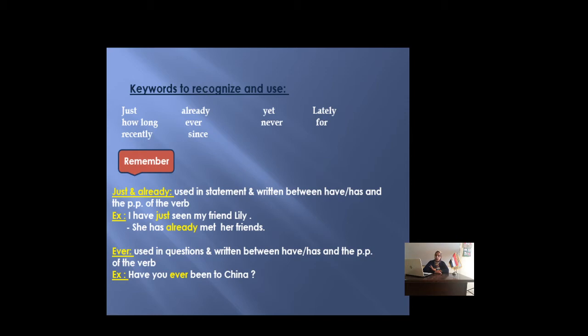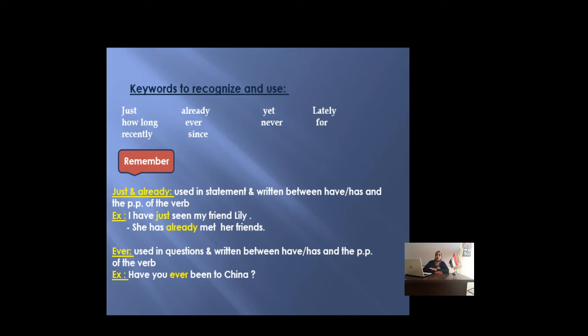So I have a song for you to learn them easily by heart. I will just go and read it. Just, already, ever, never, yet, lately, how long, recently, for, since. Again, just, already, ever, never, yet, lately, how long, recently, for, since.